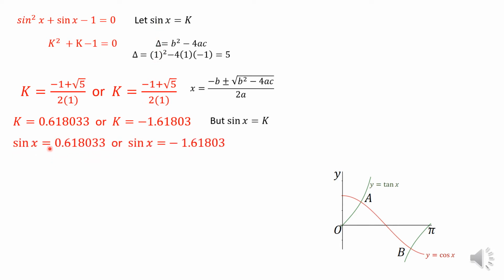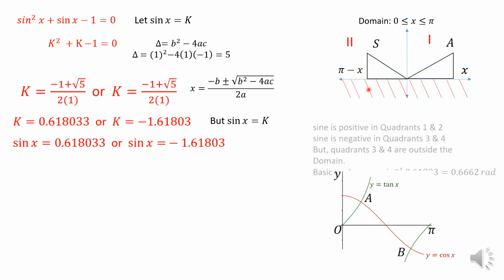That means we are going to look for the angle. But now, before we continue with that, please remember our domain was from 0 to 180 degrees or pi radians. And the sine is positive only between 0 and 180, that is in the first two quadrants. So this sine x equal to negative 1.61803 will not be considered.